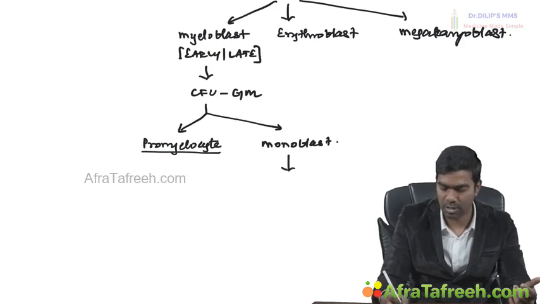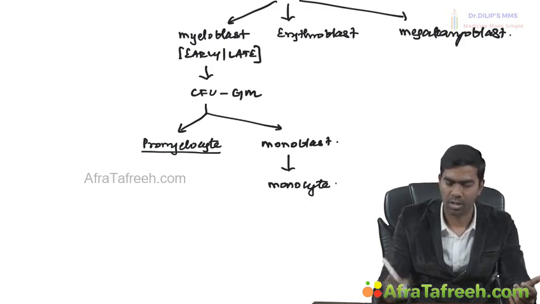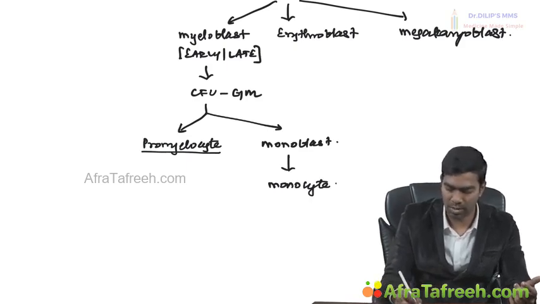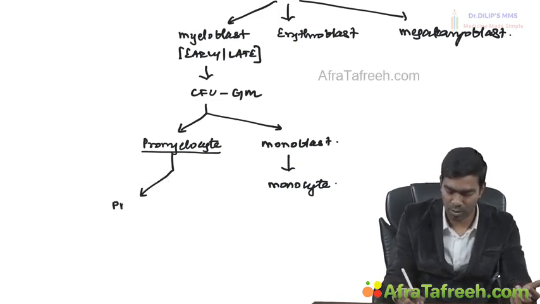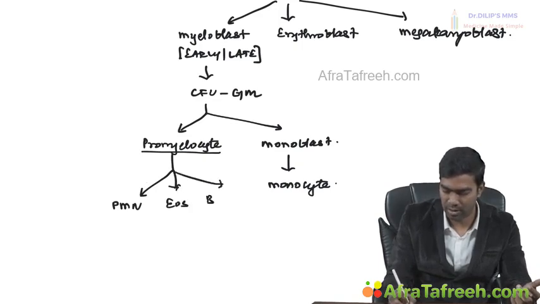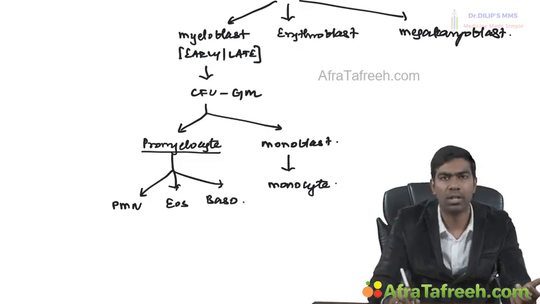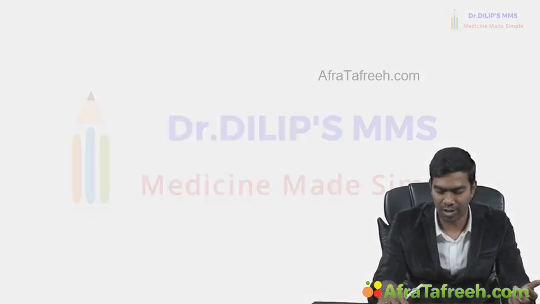This monoblast is going to form a monocyte, and this promyelocyte is going to further differentiate into your neutrophils, eosinophils, and, as I told you, the controversial basophils. So this is what has been understood in the FAB classification system.